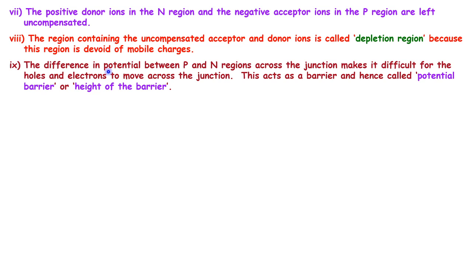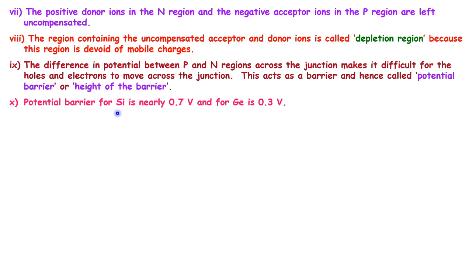The difference in potential between the N and P regions across the junction makes it difficult for the holes and electrons to move across the junction, and it acts as a barrier and hence is called the potential barrier or height of the barrier.